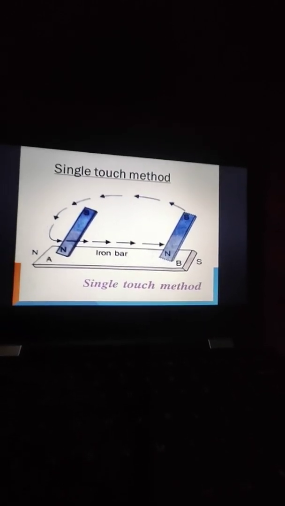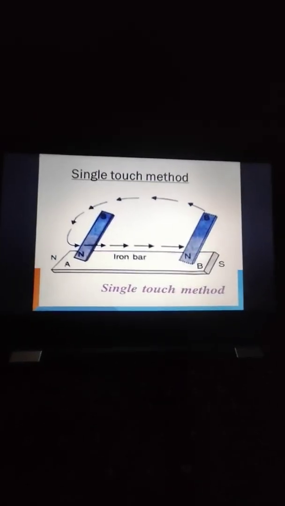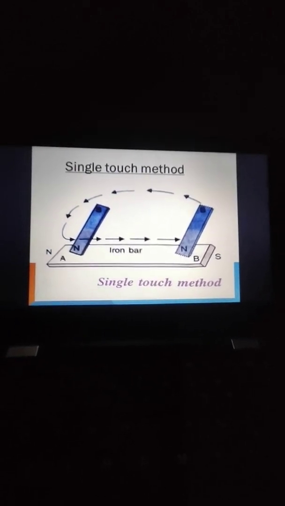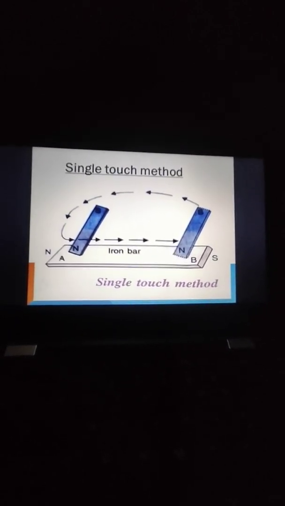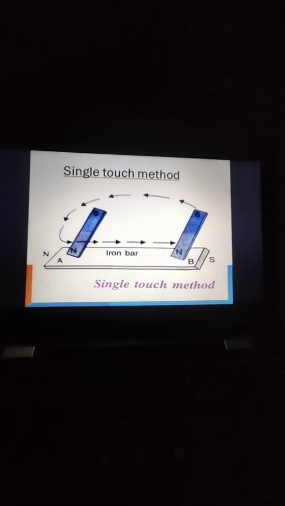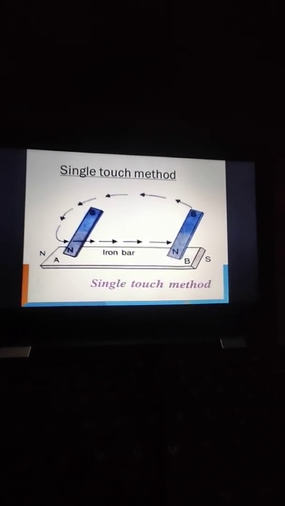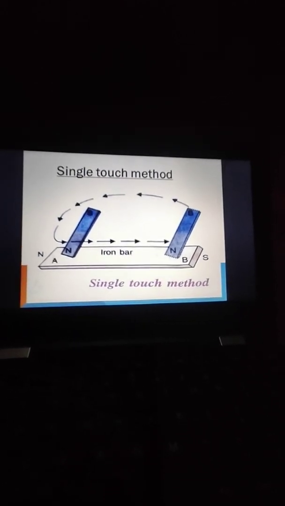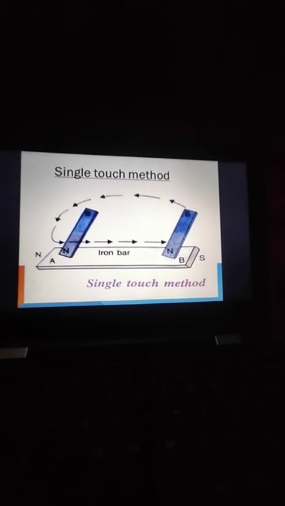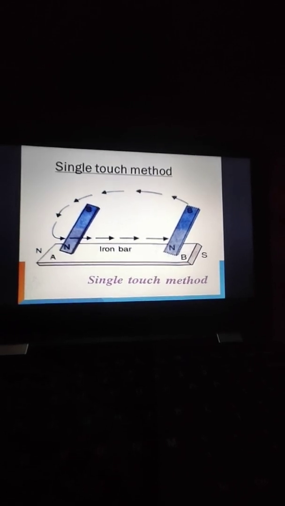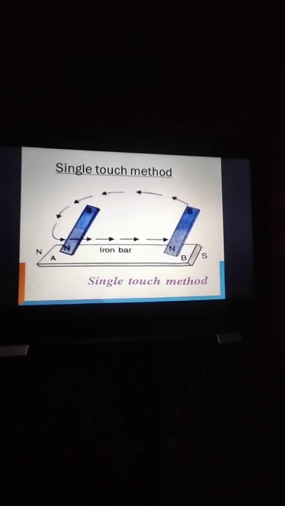After repeating 20 strokes upside and 20 strokes downside, starting from the end A as shown by the dotted lines, you will see that the iron bar becomes a magnet and the end that touches last has the opposite polarity.